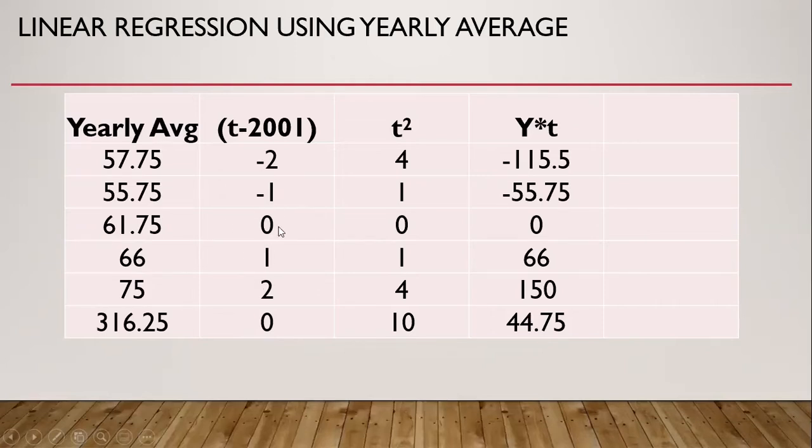So for the year 2001, t minus 2001 is 0. For previous years, it is -1, -2, and for successive years, it is 1 and 2. And this is the total. This is the square of this column, and this is the multiplication of the yearly average and the t value. And this is the total.